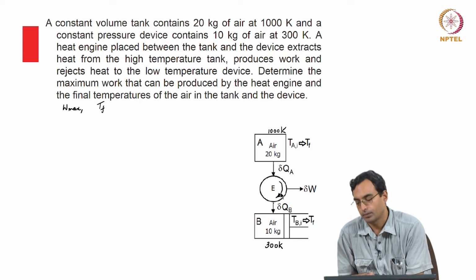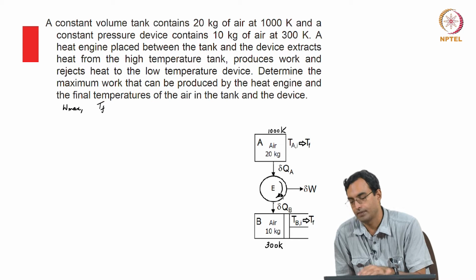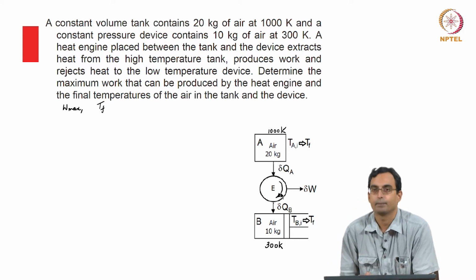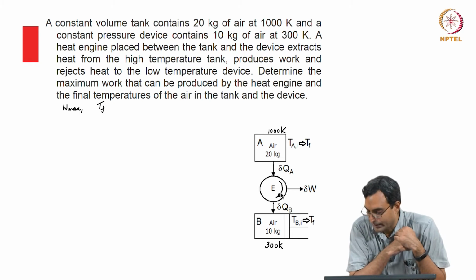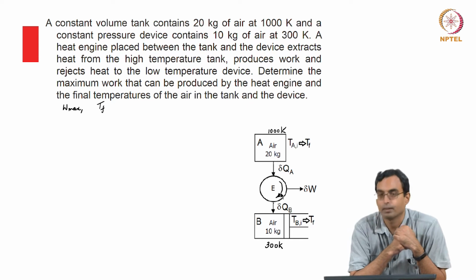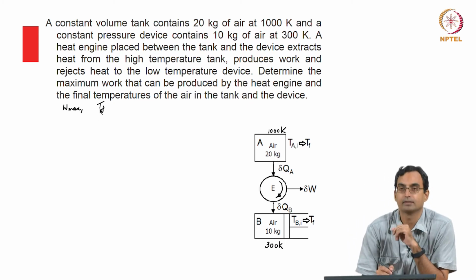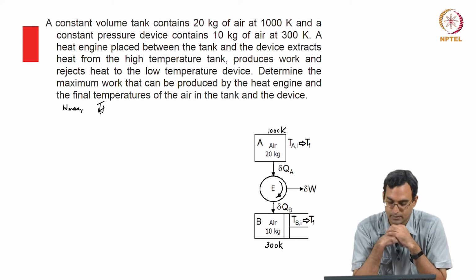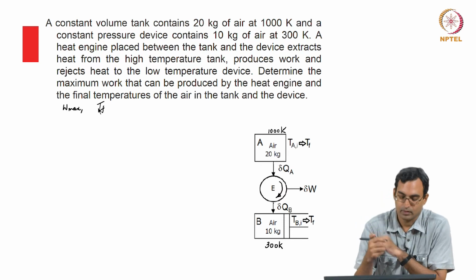The engine will stop working when there is no temperature difference between the source and the sink, because then the engine will stop working. So, if the temperature of A and the temperature of B become equal, that will be the final temperature. So, when they become equal, that is when this engine will stop working. So, that is also something I know.